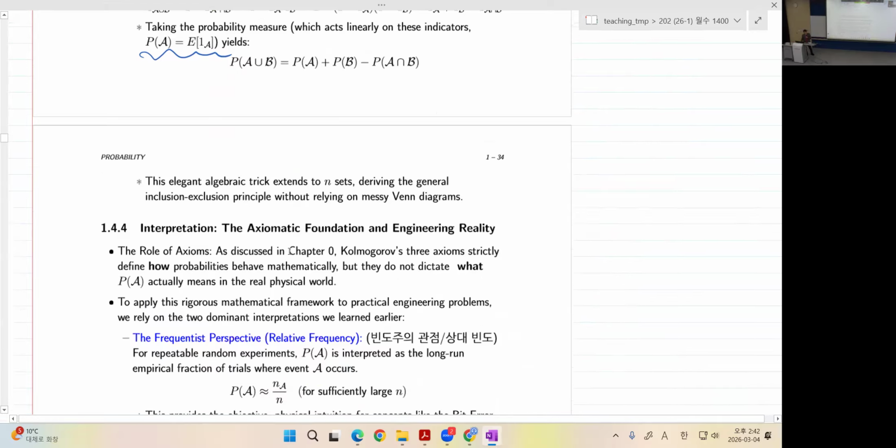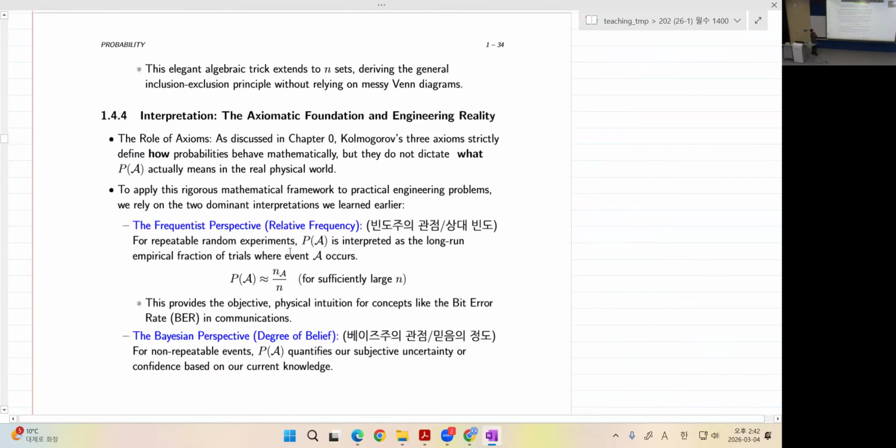By the way, here goes the so-called frequentist perspective and the Bayesian perspective about probability. Many statisticians, not every statistician, interpret probability as a kind of ratio of two numbers in their data set. Got it? And in the Bayesian perspective, you interpret probability as your belief on some event.